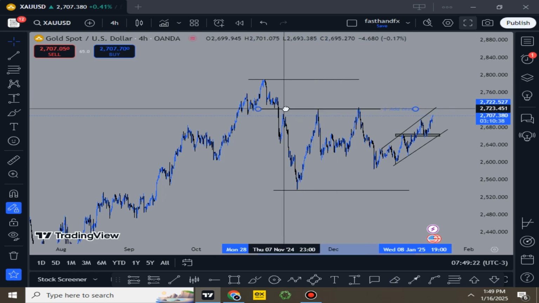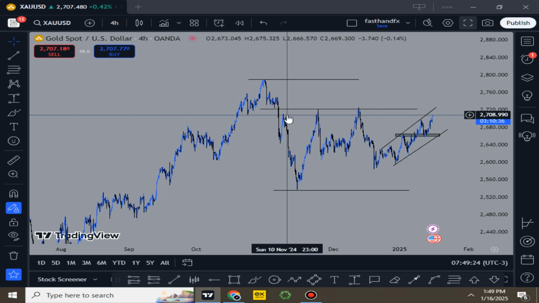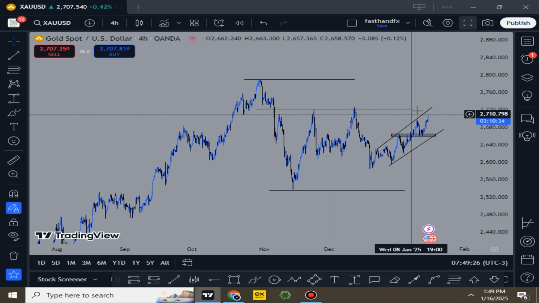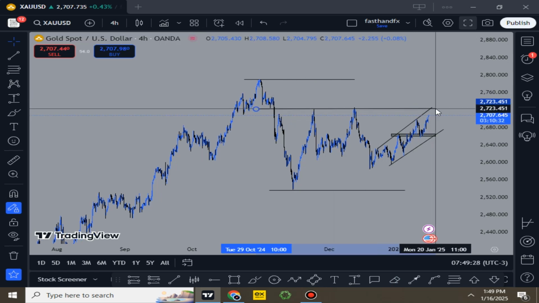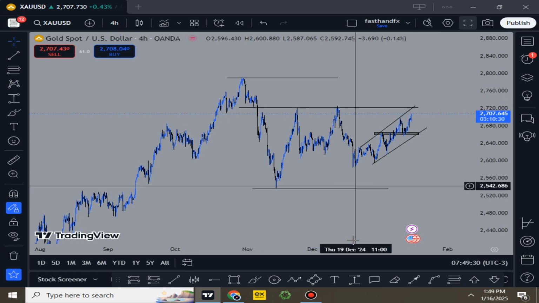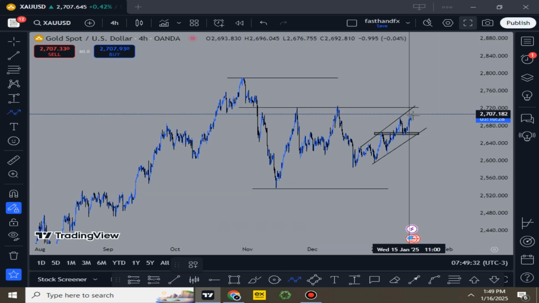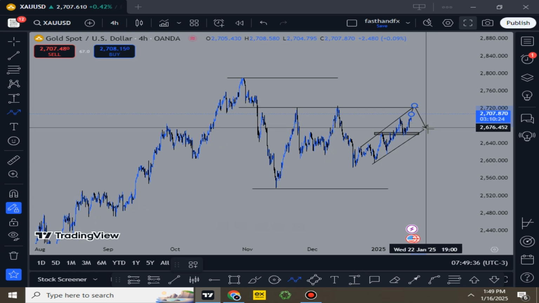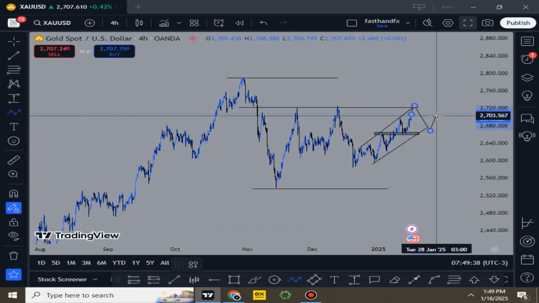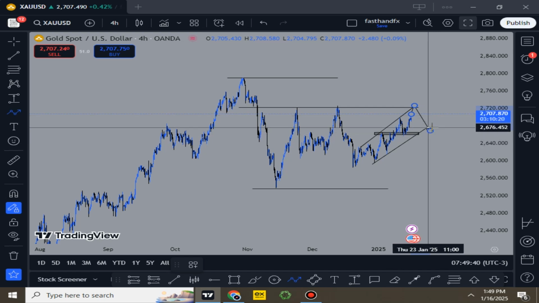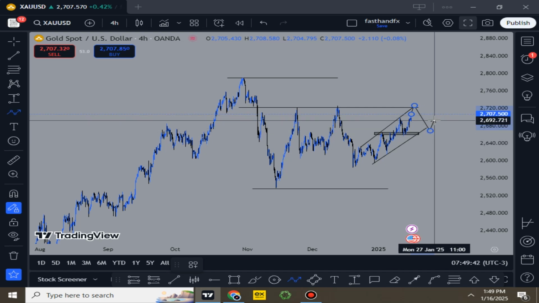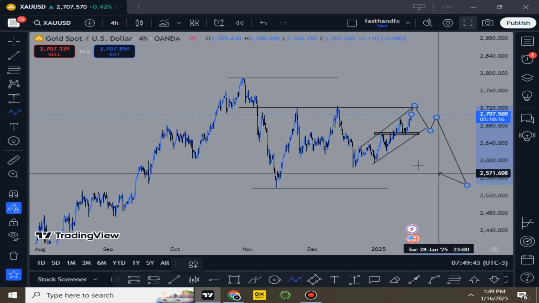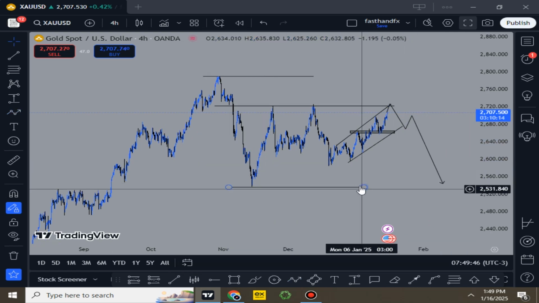You should just have these as three touches, right? 1, 2, 3. So it might continue doing its thing, then let's just say gold hits this level, we might see some crazy selling pressure right there. But if I see gold printing bearish momentum or pattern right here, I will be looking for a selling position to take gold back to the center right here.